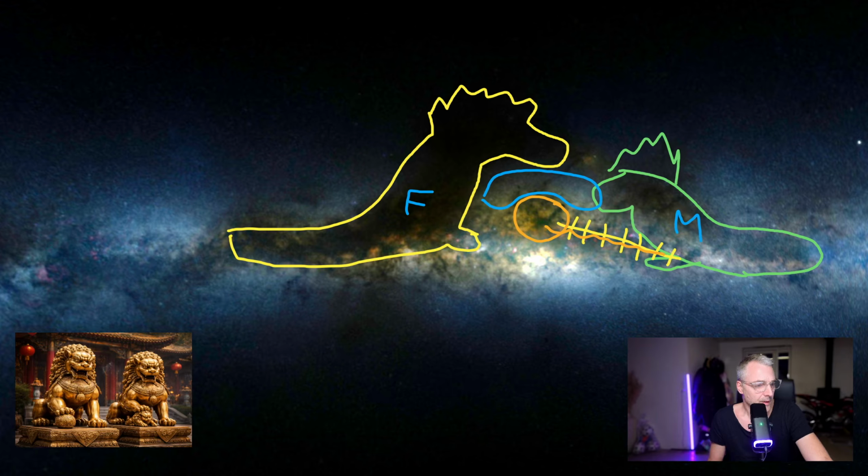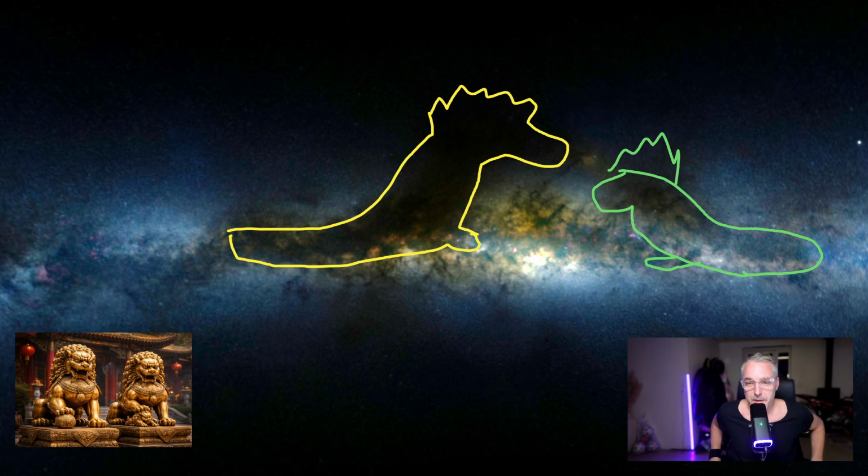Let's move on here. Because the female lion always stands to the right of the entrance or opening. And the male is always placed to the left. And as you can see here, the female is on the right and the male is on the left of the entrance. And the entrance guarded by the lions is the divine doorway in the Milky Way center, of course, visualized by the area surrounding the disk.